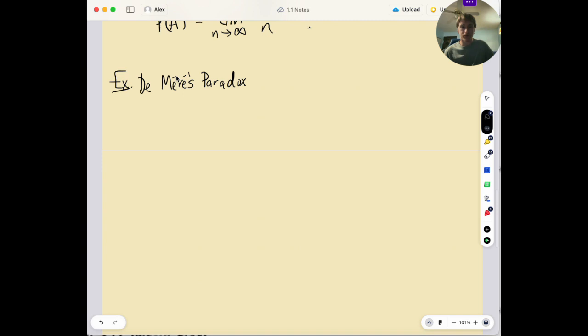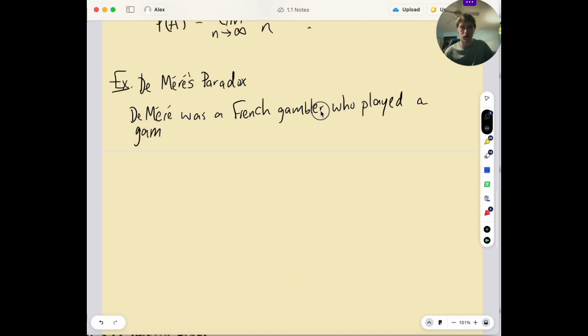Okay, so de Moivre was a French gambler who played a game in which 3 dice, since it's plural, I think we use the word dice, 3 dice are tossed, and the sum is calculated.